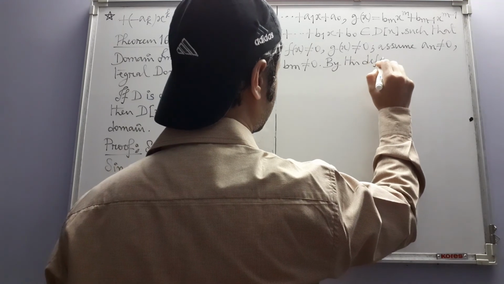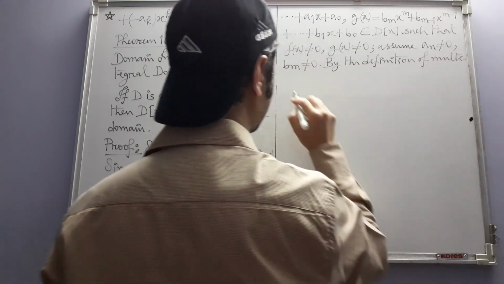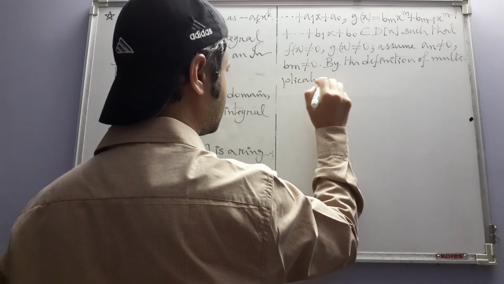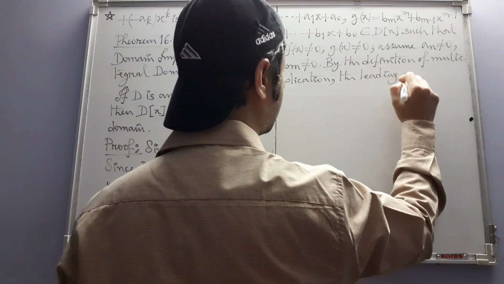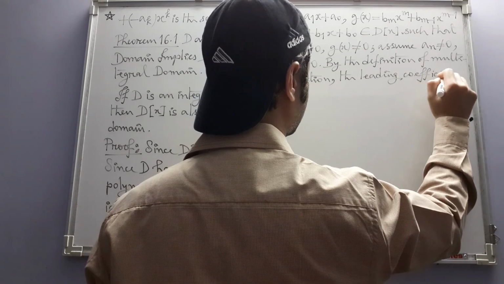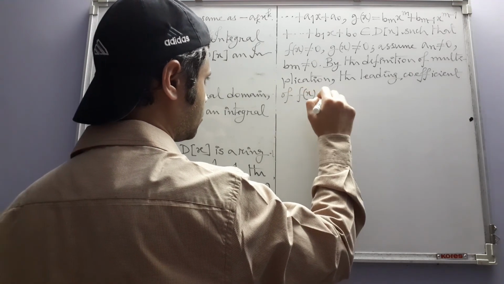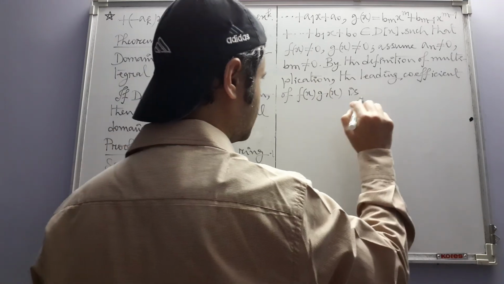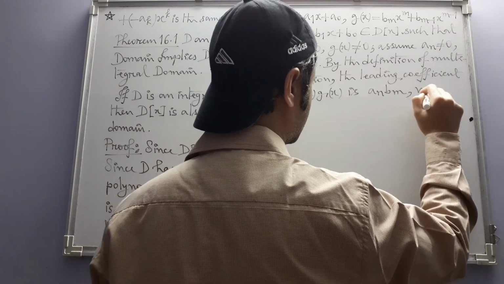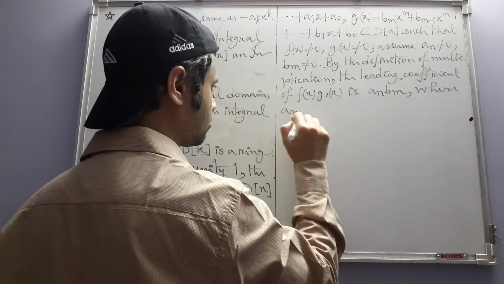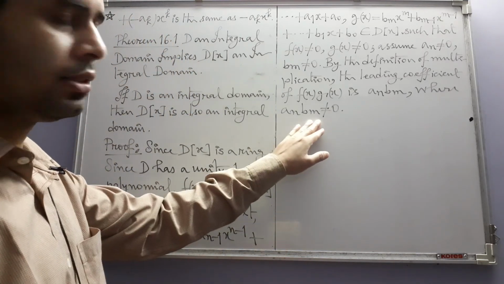By the definition of multiplication, the leading coefficient of the product is nothing but the product of these leading coefficients, where a_n b_m is not equal to 0. Where are we getting this from?